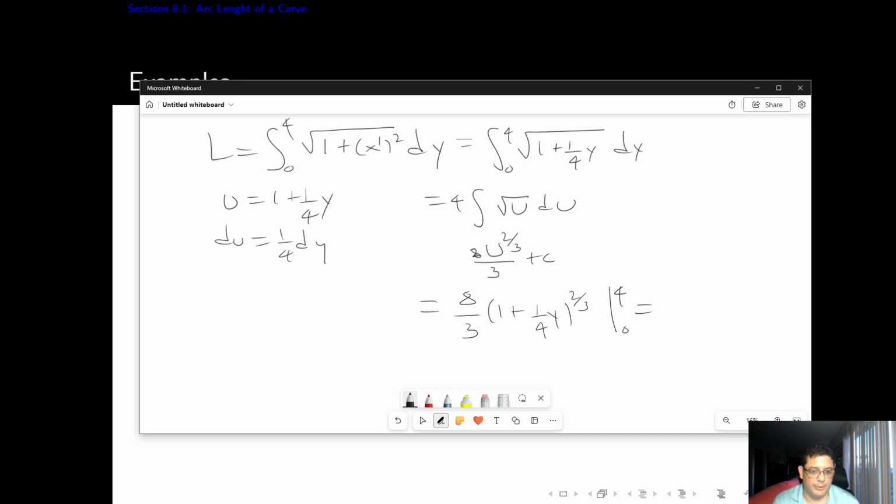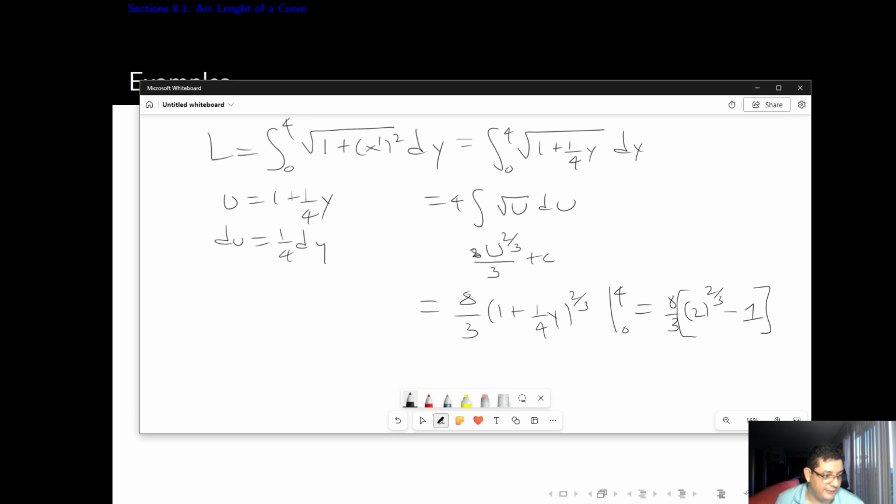And so now we plug in 4, and of course we get 2 to the 3/2 divided by 3, and then I plug in 0 and this becomes 1, so this is just 1 here.